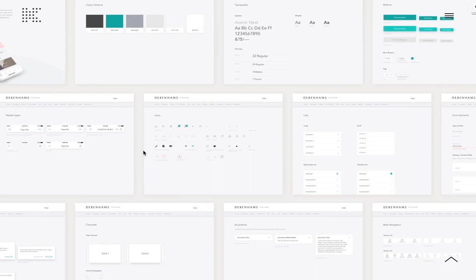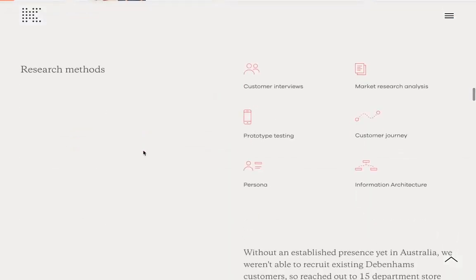As I said, in between it put in some screens from its processes. Here we can see the style guide. We can also see that this is the style guide. Then research methods.